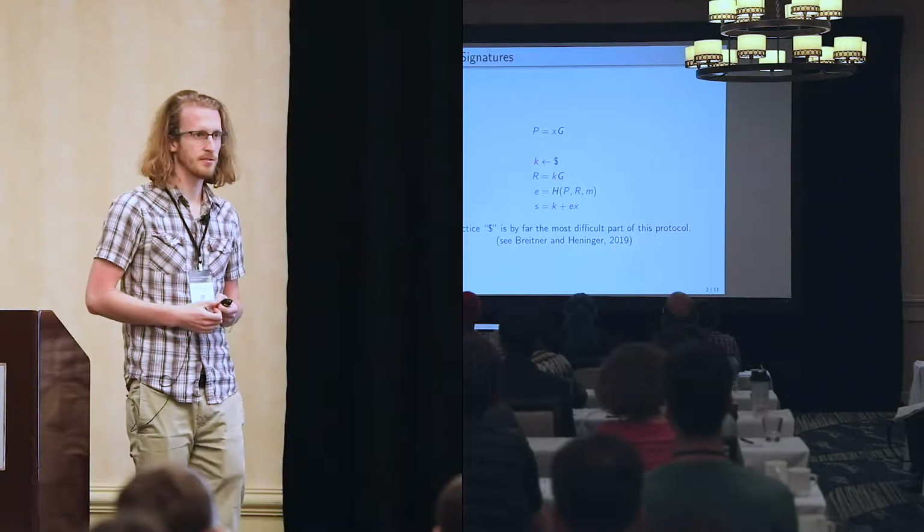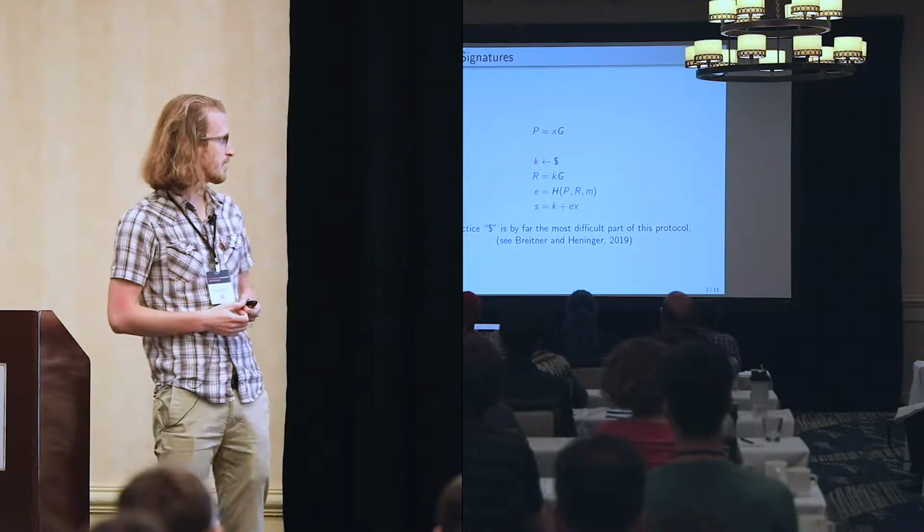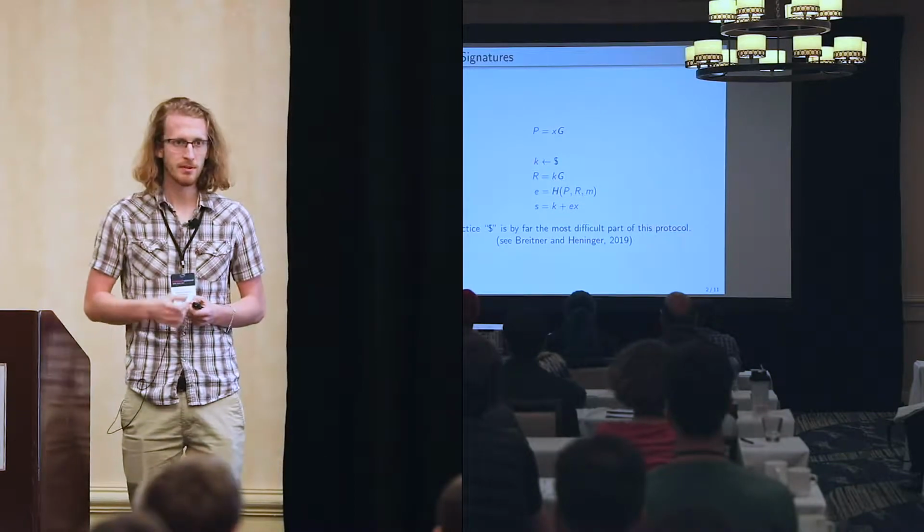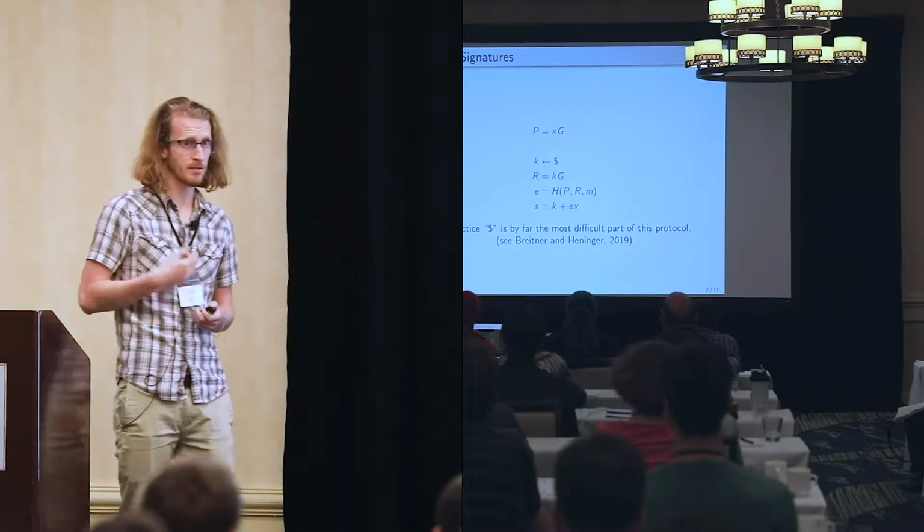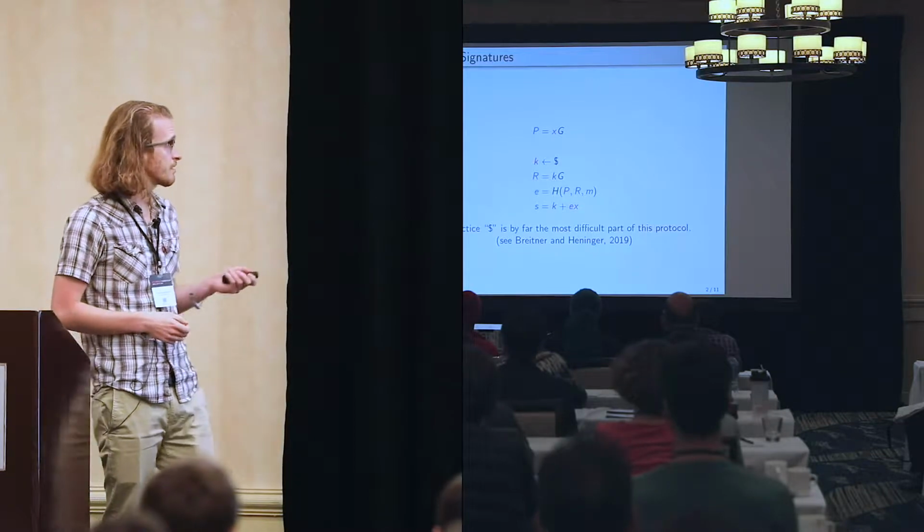This is very difficult to do in practice. And there have been many examples of people generating their randomness in defective ways, either by outright reusing nonces or just by leaking a couple of bits.